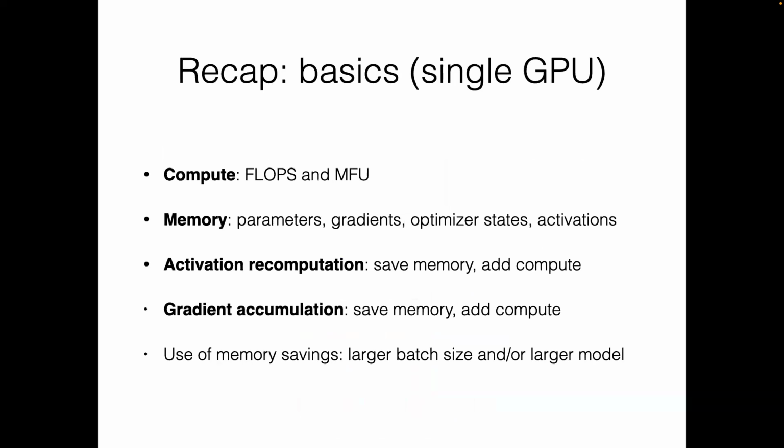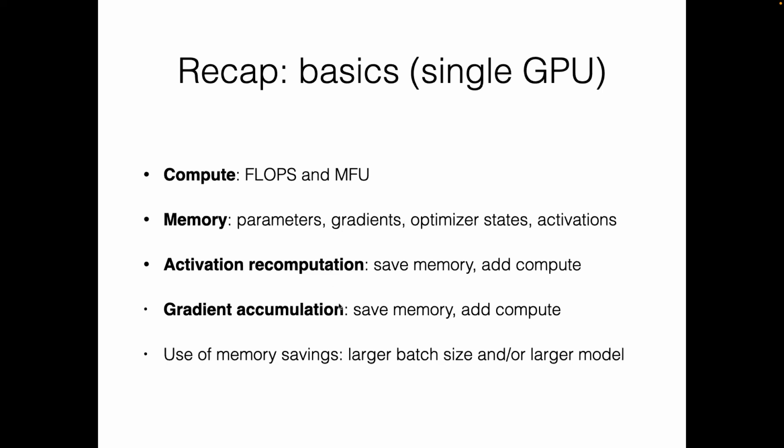Okay, so again, this is just focused on a single GPU, but along the way, we were able to see some important ideas. First, we saw how to measure compute efficiency in terms of this MFU and measuring compute in terms of flops. We saw the sources of memory, or things that require memory, as you're training the model.